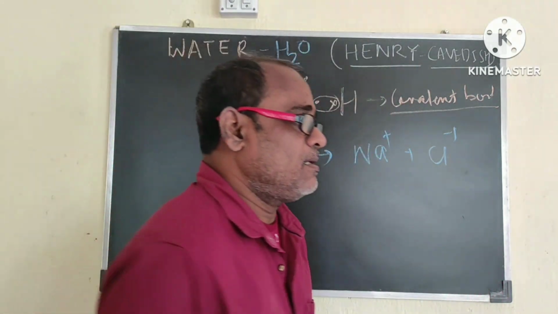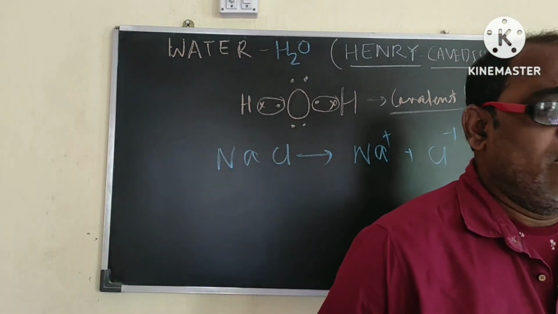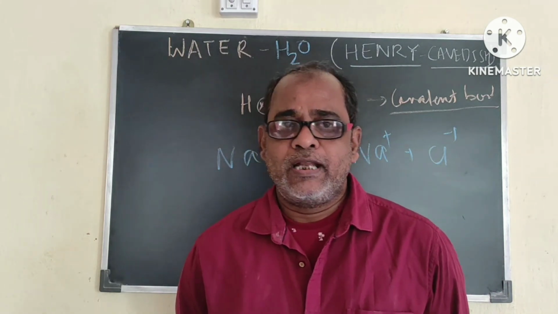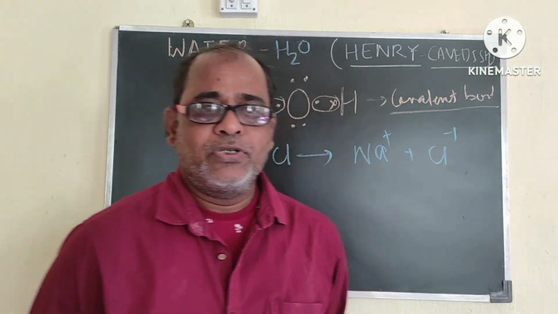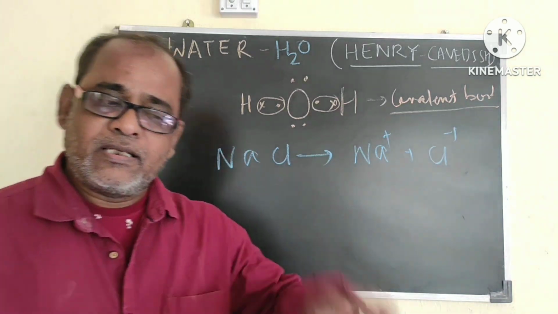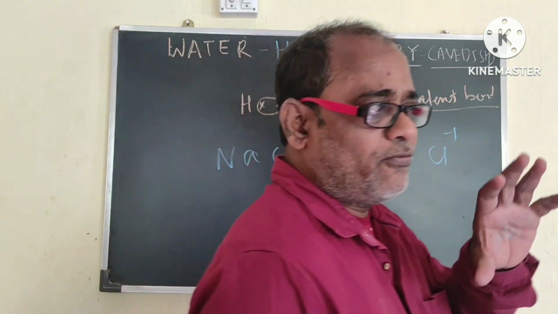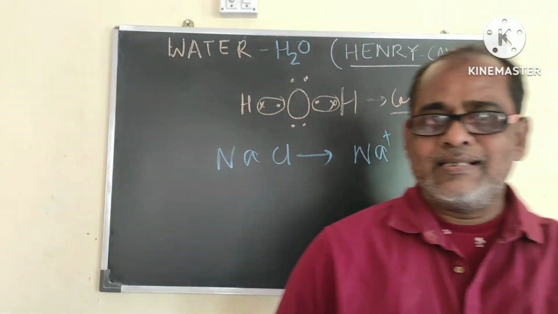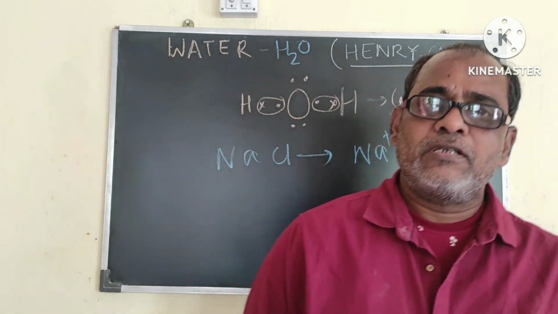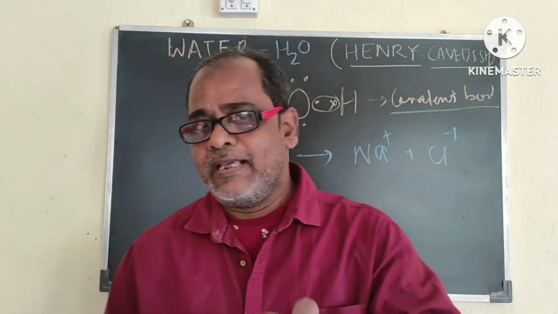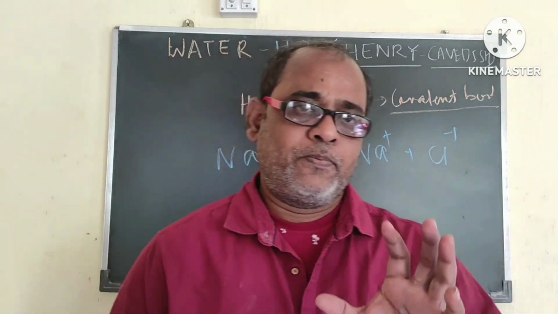On the basis of the size of the particles, solutions may be of three types: number one, true solutions; number two, colloidal solutions; and number three, suspension. The particles of true solutions are smaller in size than the particles of colloidal solutions, and the particles of colloidal solutions are smaller in size than the particles of suspension.